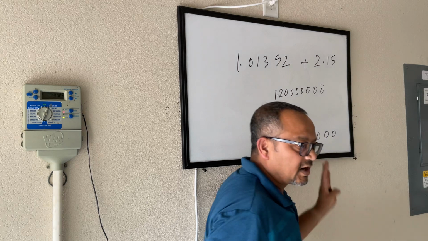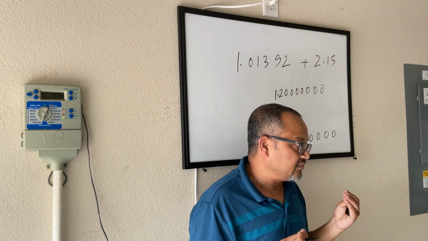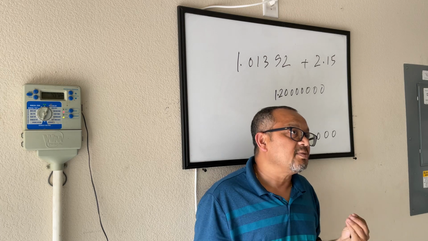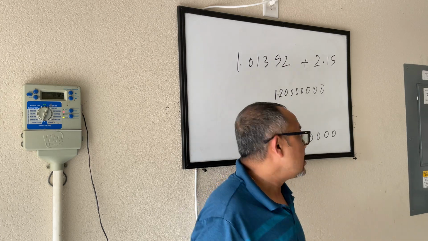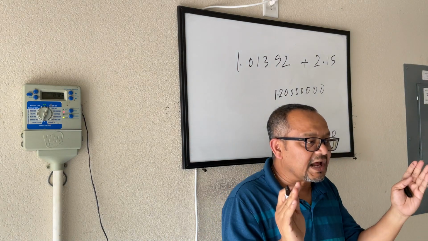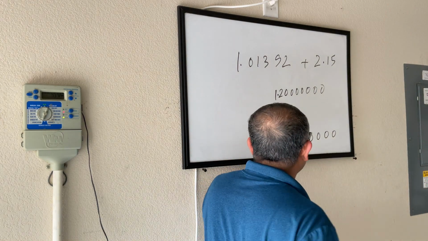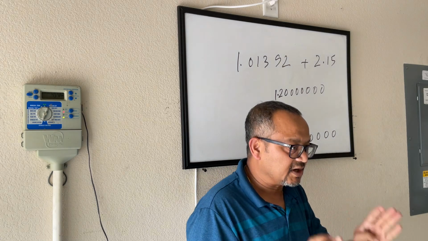These are some of the basic tricks that we need to be aware of. Our job as a student or as somebody who's solving problems is to make sure that when I'm doing the calculation, I'm not changing the value. As long as I'm not changing the value and then doing the calculation, I'm not making a mistake.